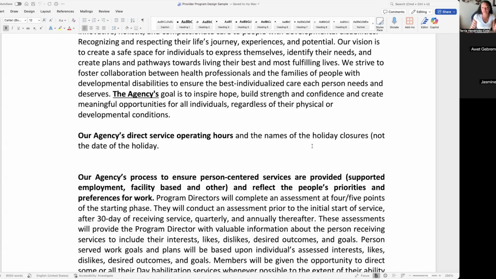So I know, Jasmine, you mentioned dementia clients. If you have experience working with clients with dementia, or patients, as long as you have the experience to back that, then you can serve those clients. You will have to train your staff to support those clients.